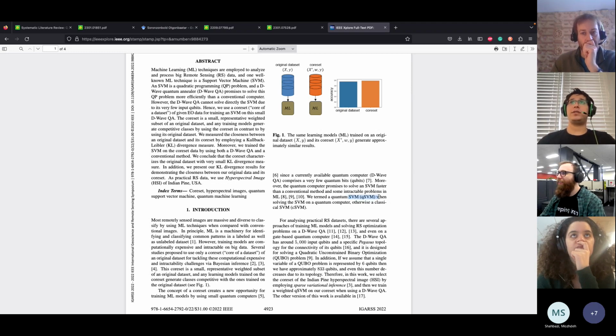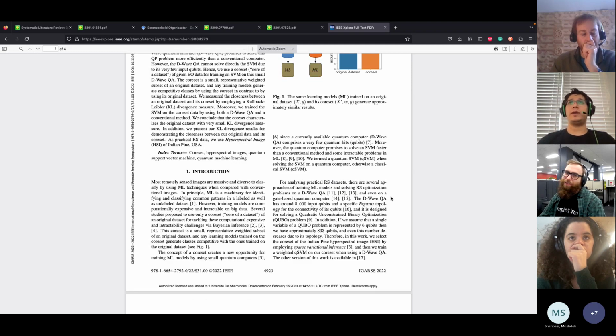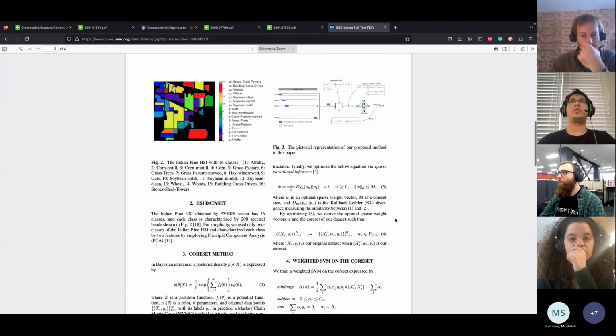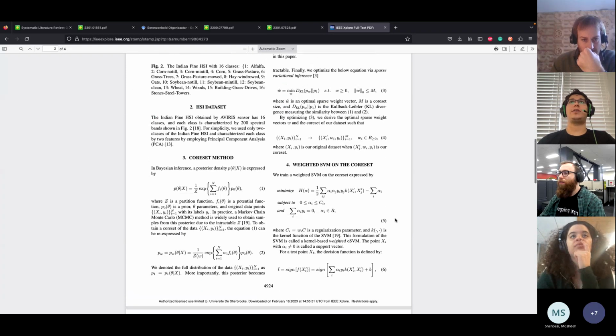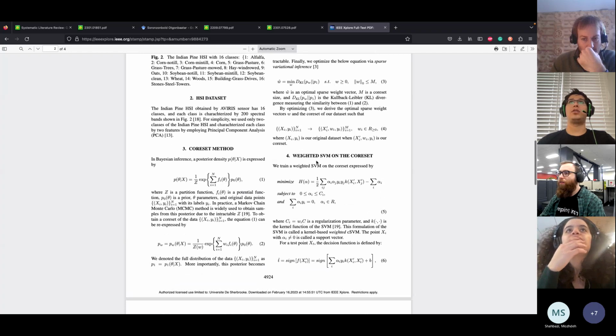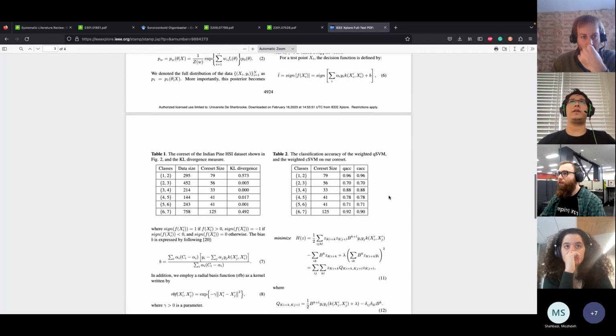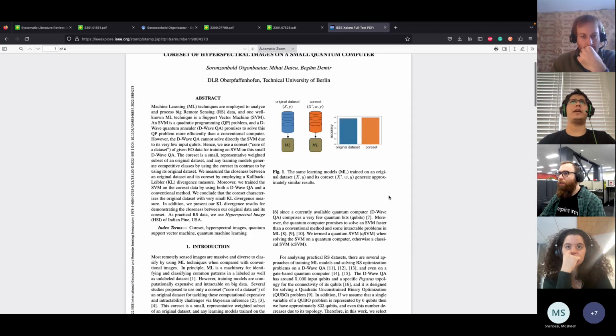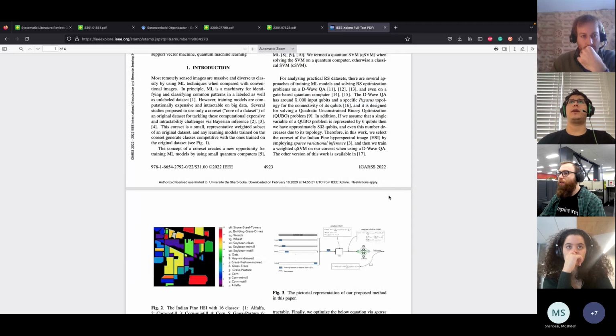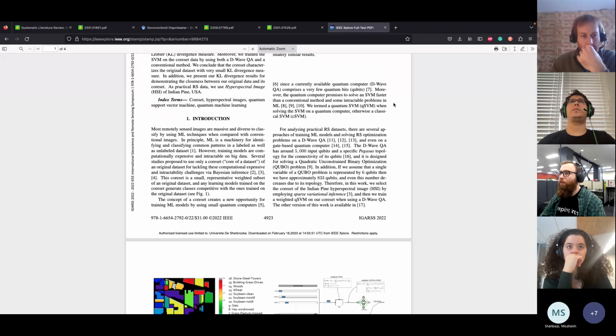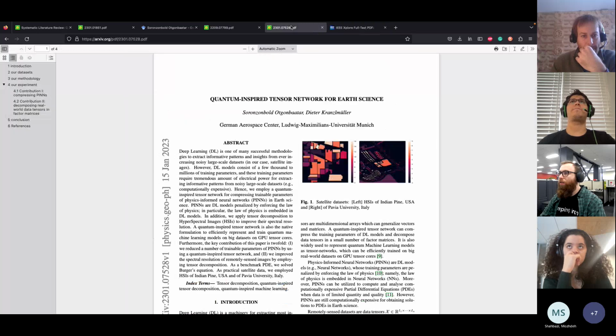So this QSVM requires either quantum annealers or fault-tolerant superconducting gate-based quantum computers. So yeah, the idea is interesting. Basically, it is trying to use this variation of SVM to do classification. I'm not sure what kind of data they use, but anyway, that's for this paper. Let's move on to the next one.